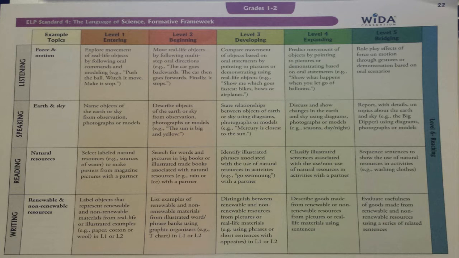It wouldn't be fair, for example, to expect this student to perform as a first grader who scored a 5 in listening and have him or her play effects of force on motion through gestures or demonstration based on oral scenarios, as his or her test scores indicated that he or she simply cannot do that yet. What he or she can do, however, is explore movement of real-life objects by following oral commands and modeling.